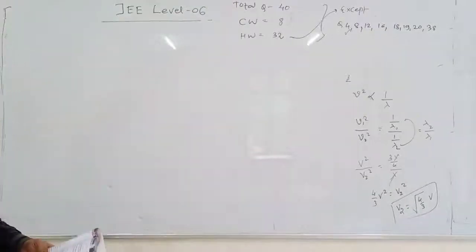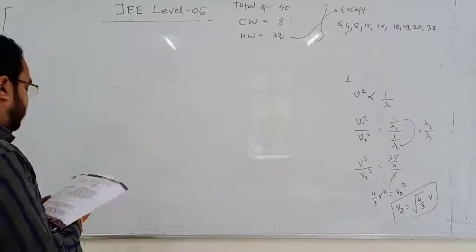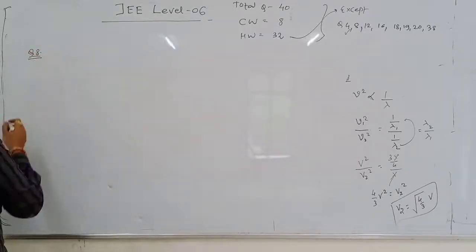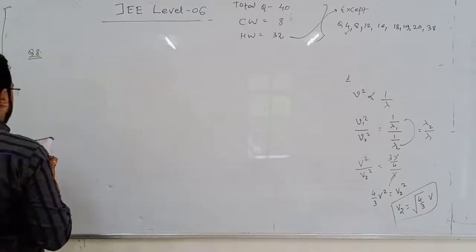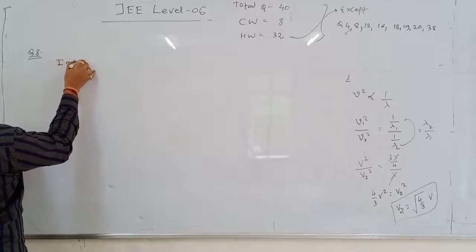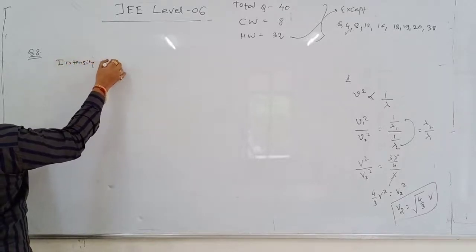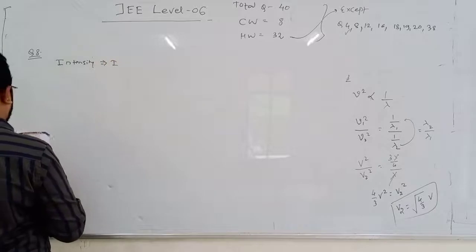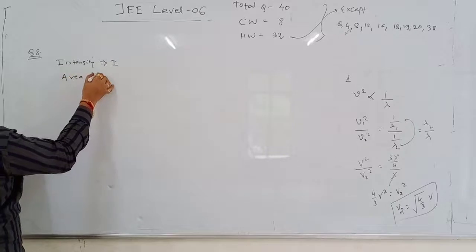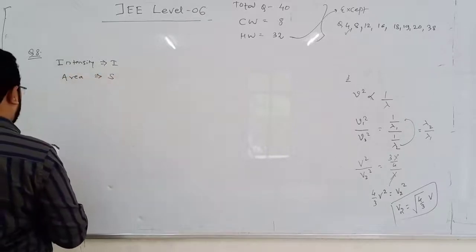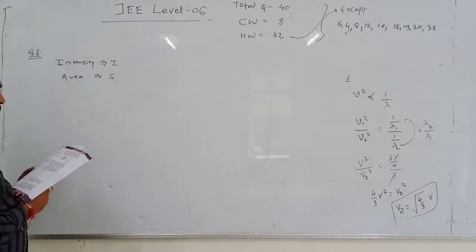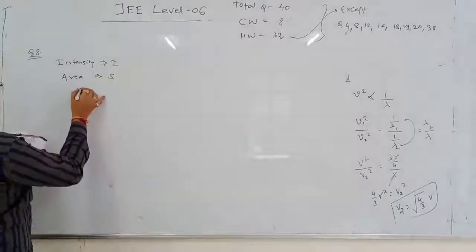Now next, question number 8. This is also a nice question. A parallel beam of light of intensity I and cross sectional area S is incident on a plate at normal incidence. The photoelectric emission efficiency is 100%.